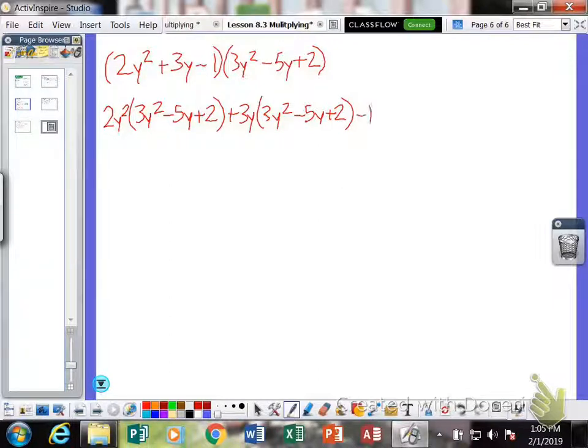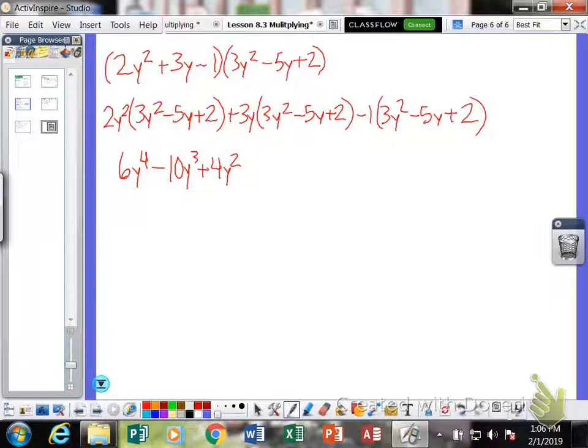And then our third term and multiply it by everything in the second parentheses. So now we distribute. I have 2y squared times 3y squared, 6y to the fourth, minus 10y cubed plus 4y squared.